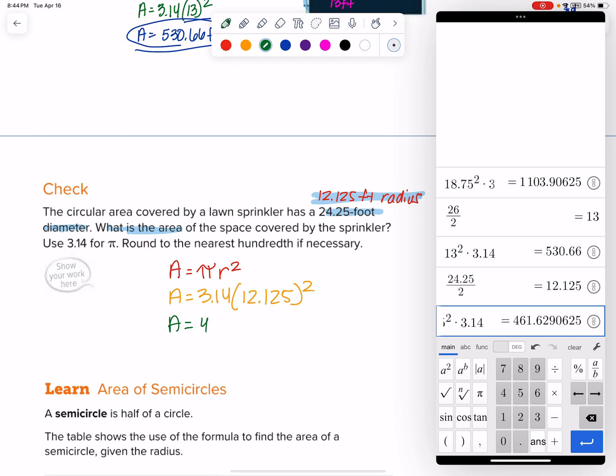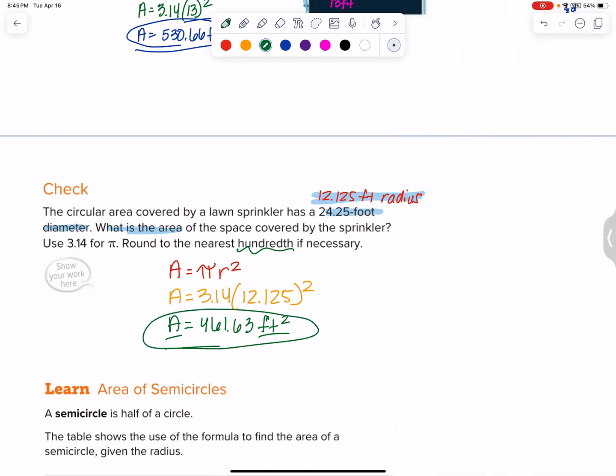Okay, and we get 461 point, check the rounding to the hundredth. It looks like 6.3 because it was 6.2 with a 9 next to it. Look at our units, it's in feet and squared because we're doing area. So always double check that, okay?